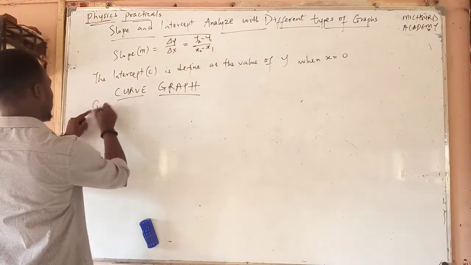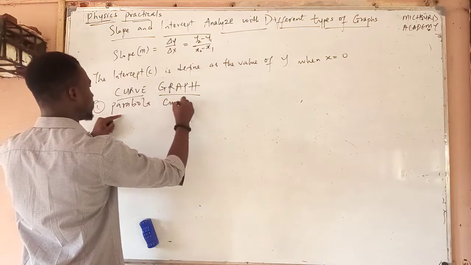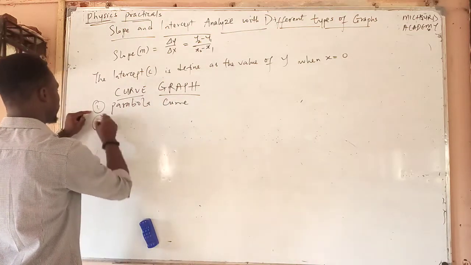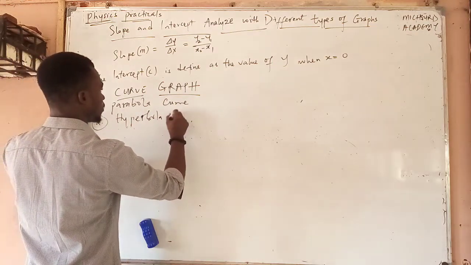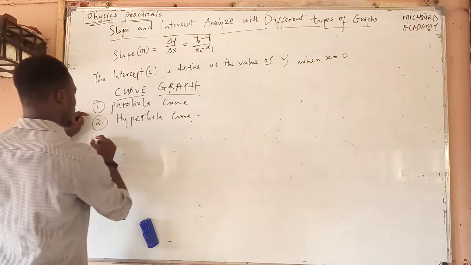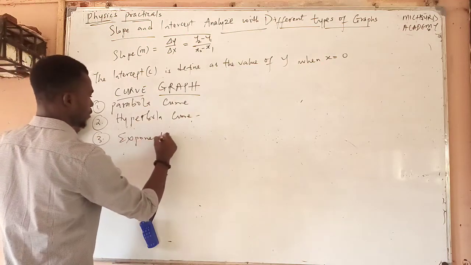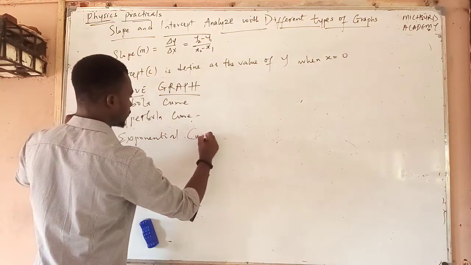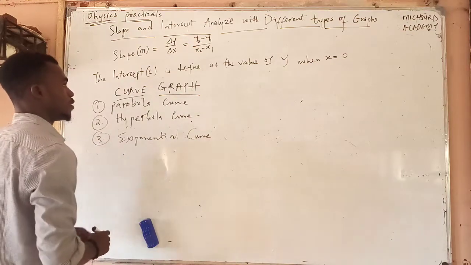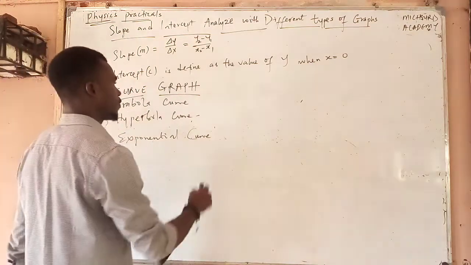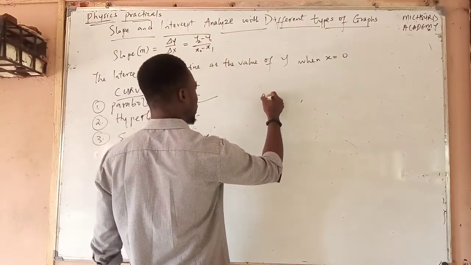We have the parabola curved graph, the hyperbola curved graph, and then we can talk about the exponential curved graph. Alright, now for the first one there, we have it with this formula.